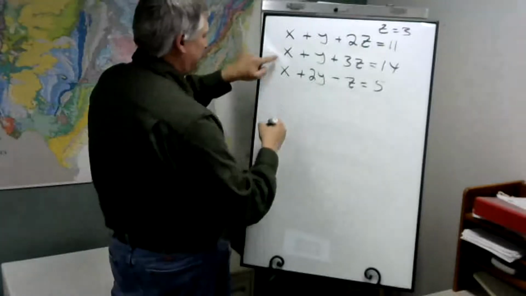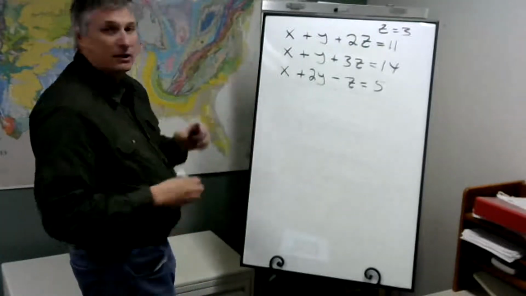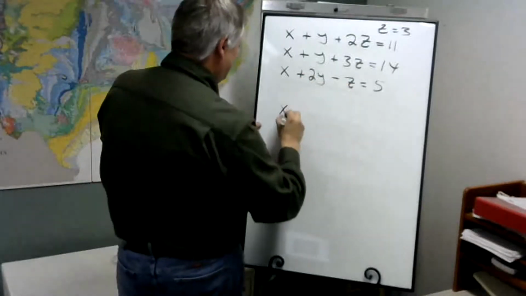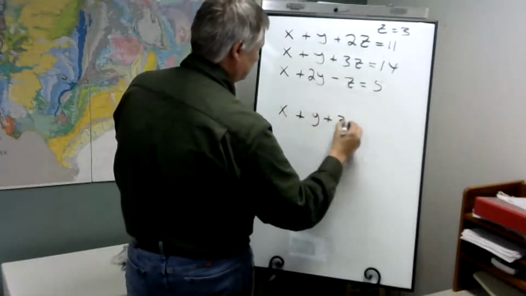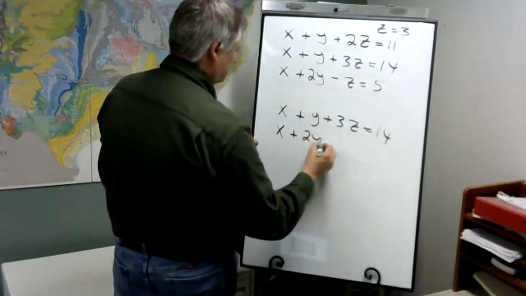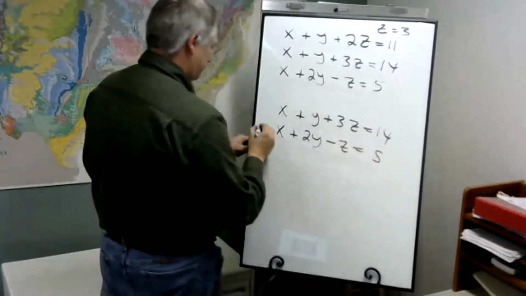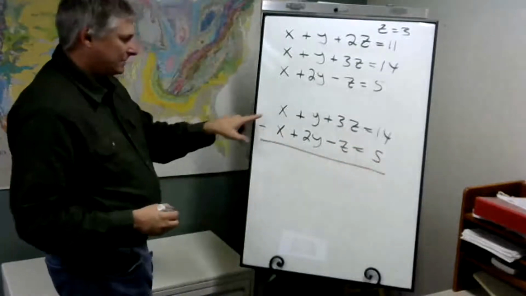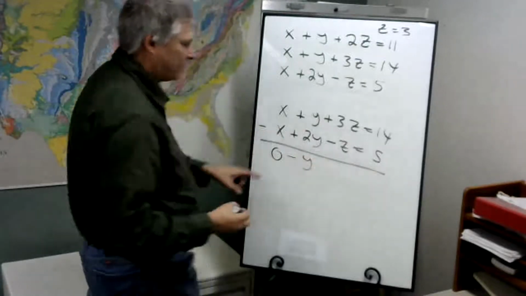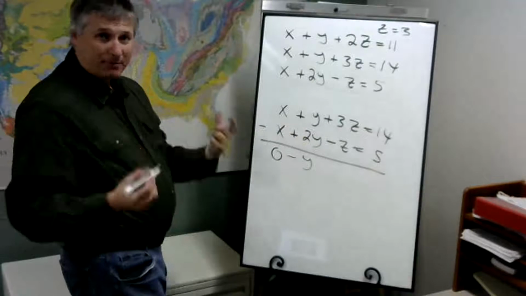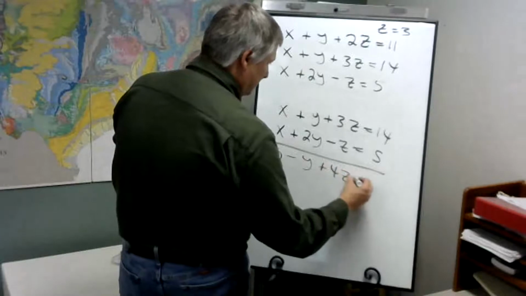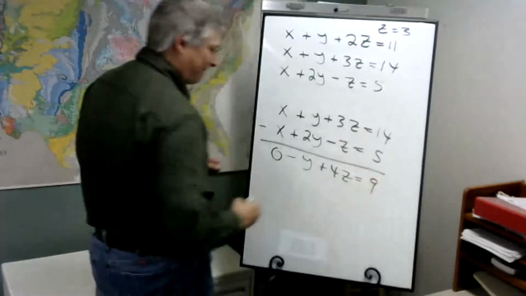So we can take these two, subtract to cancel the x's, and then we're going to get an equation with z's and y's. x minus x is 0. y minus 2y is negative y. 3 minus a negative, so it's minus a negative, it's going to be 3z plus z, or 4z. 4 minus 5 is 9.